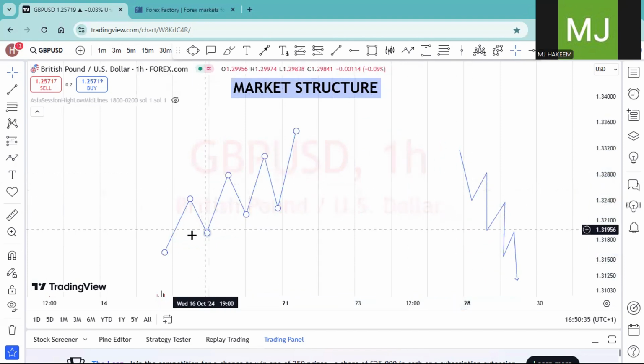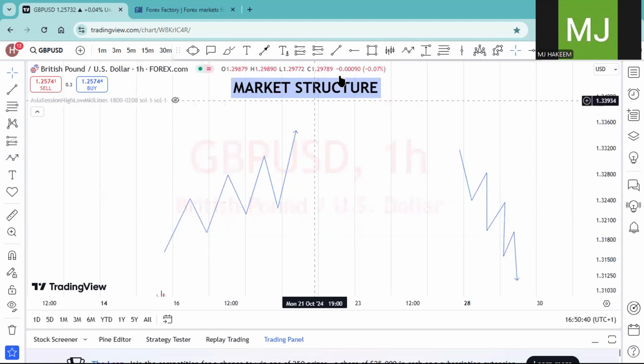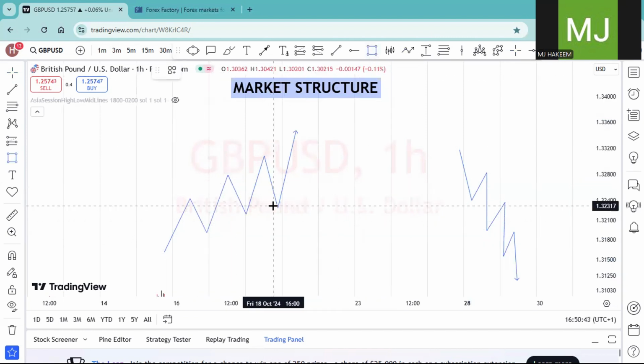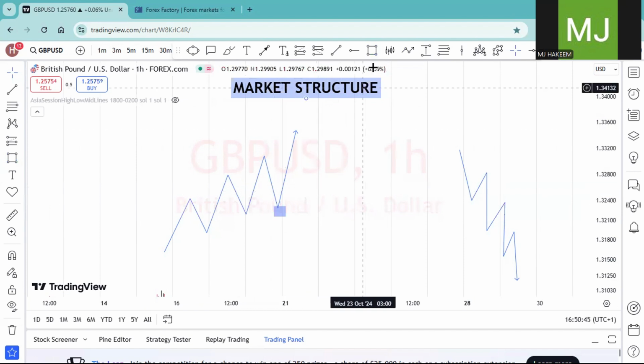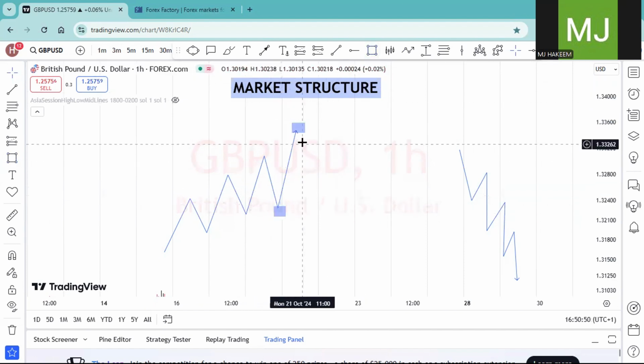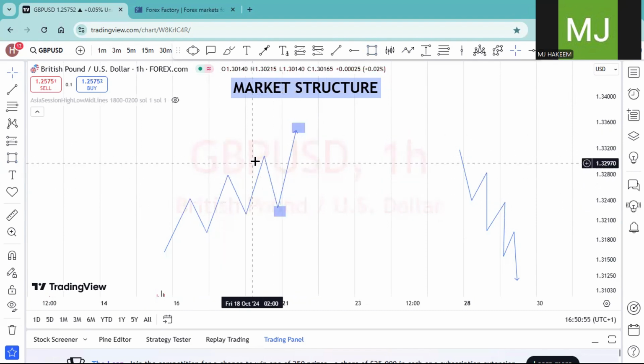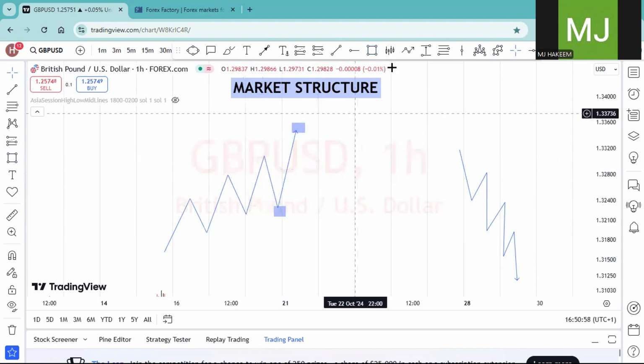If you look here, this is the direction of the market: uptrend, higher highs, higher lows. If you look at this low here, this low was what formed this high here. So inasmuch as this low formed this high, everything here is considered external structure because of what it takes out. So this is an external structure.